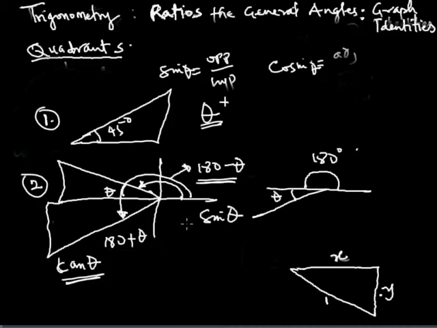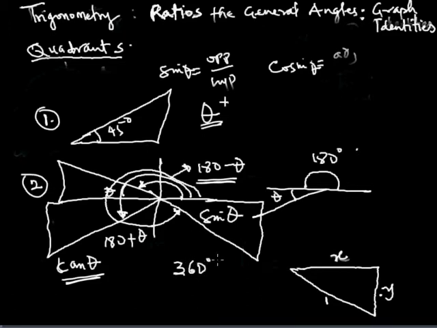At this fourth quadrant, we have 360 degrees minus theta.